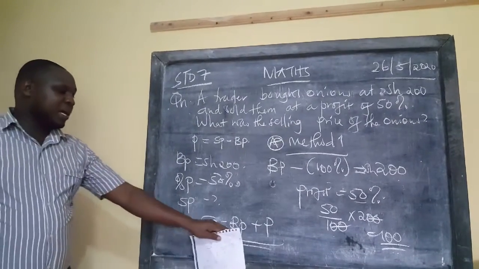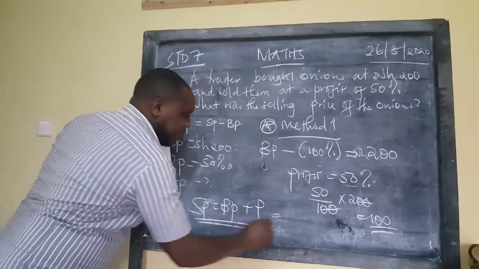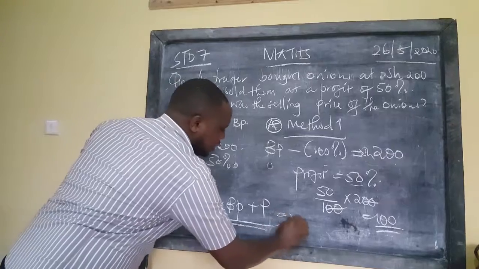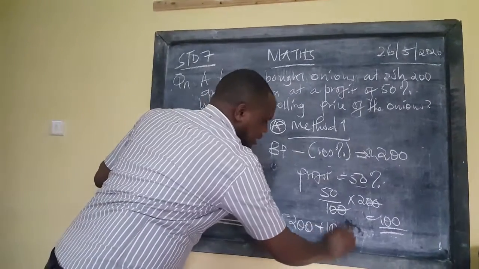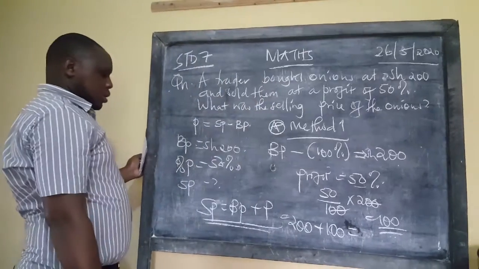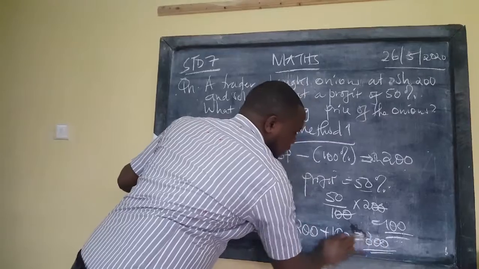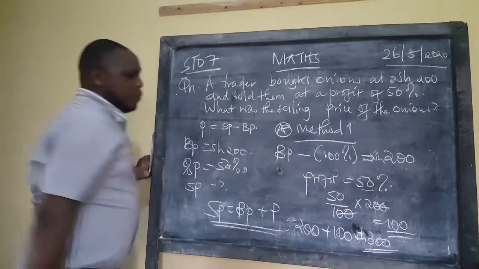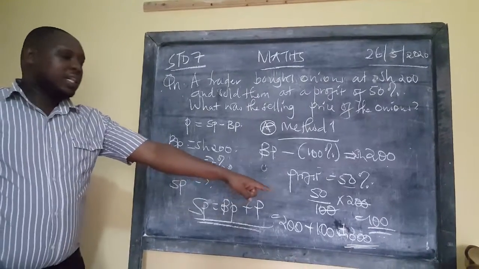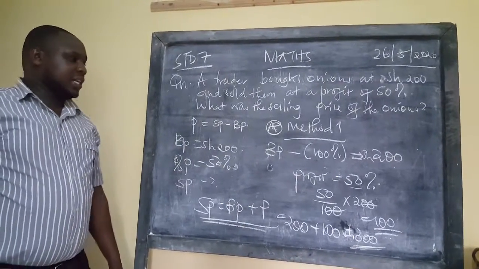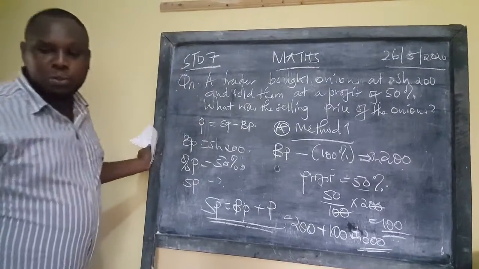The buying price is 200, plus the profit, 100 shillings. So the person sold the onions at 300 shillings. For this person to make a profit of 50%, he must have sold the onions at 300 shillings. So that is one way we can do that question.